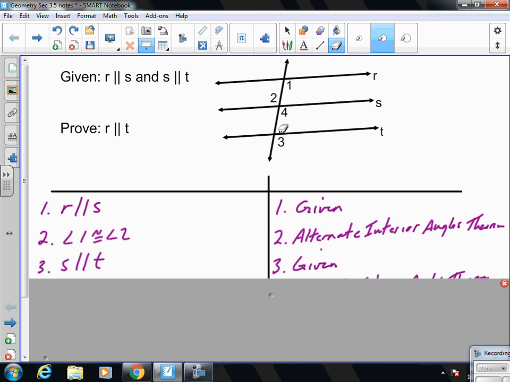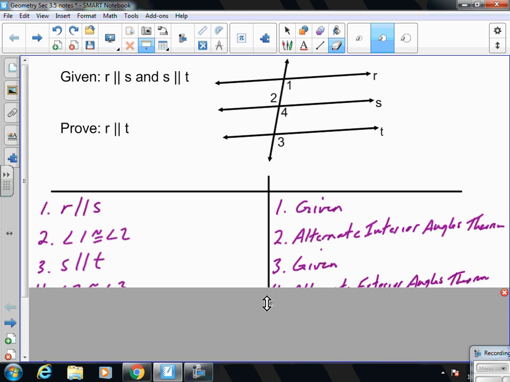So 2 and 3 are alternate exterior angles, and since S and T are parallel, that means that the alternate exterior angles have to be congruent by the alternate exterior angles theorem.